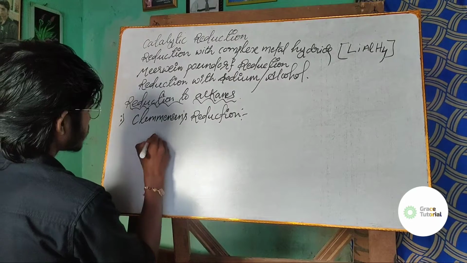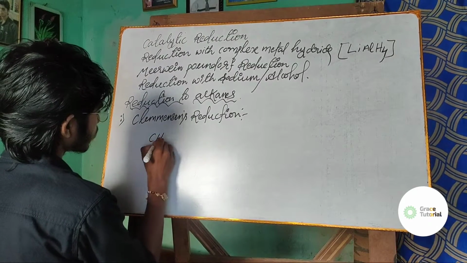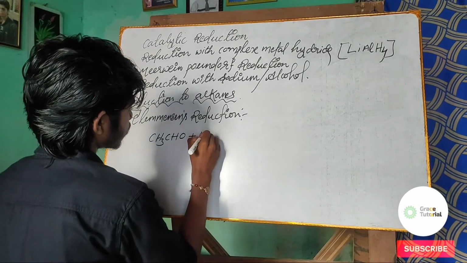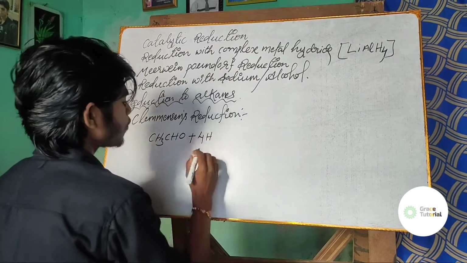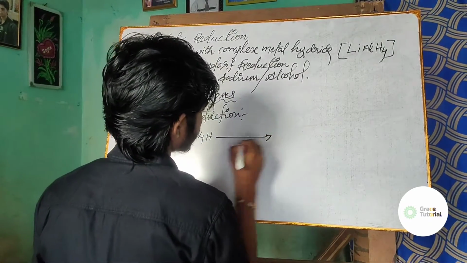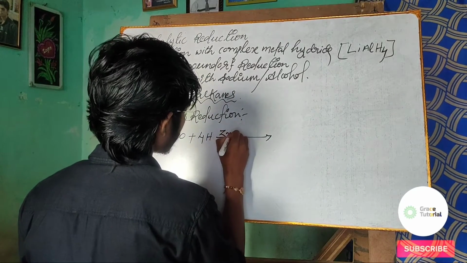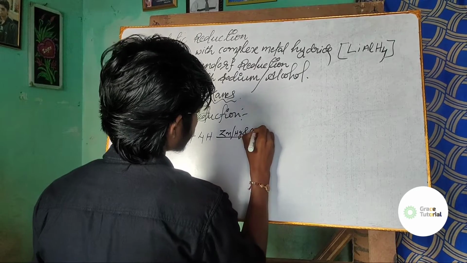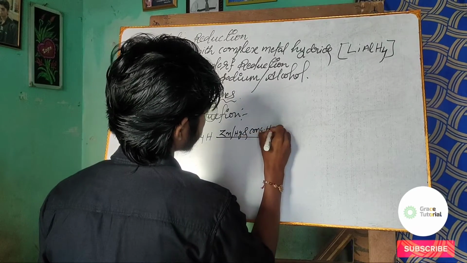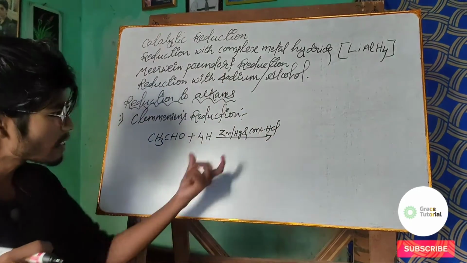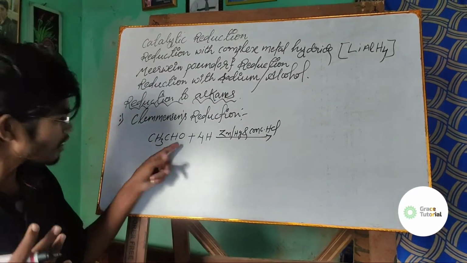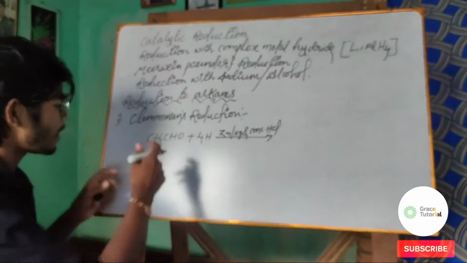Suppose I have acetaldehyde, CH3CHO. Reduction, addition of hydrogen, with zinc amalgam, that means Zn/Hg, and concentrated HCl. So this is basically called the zinc amalgam. This is the aldehyde group, that is acetaldehyde.